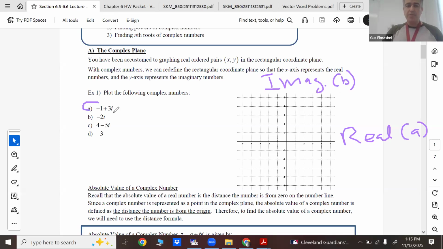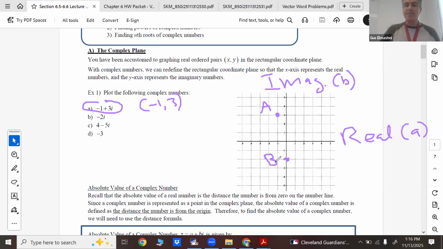So if you're asked to do -1 plus 3i, that's just like saying -1 comma 3. So you plot it, and that's it. That's how you plot -1 plus 3i. It's kind of weird. So if you do -2i, where do you think that's going to go? It's going to be on the y-axis, right?